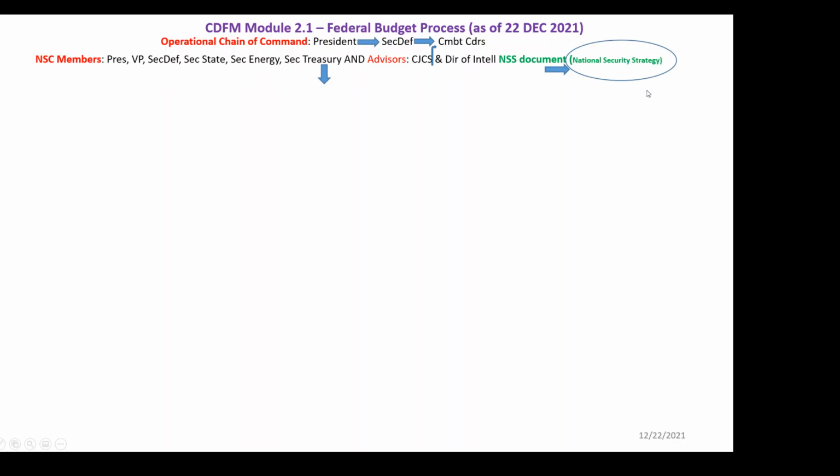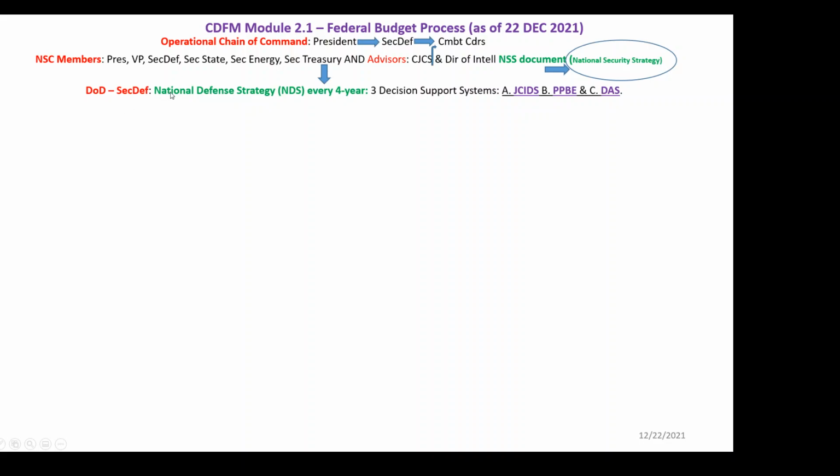Agencies such as the Department of Defense, Department of State, and Department of Homeland Security take the big op order, the National Security Strategy document, and look in it to see what is required of them. If I'm DOD, I'm flipping to the defense section. What is this op order telling me, the DOD, what needs to be done? The DOD looks at it, namely the Secretary of Defense.